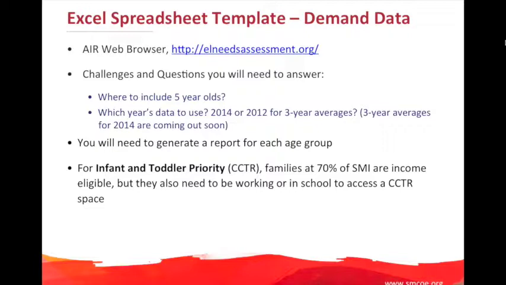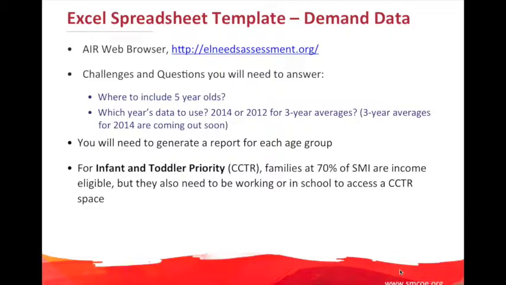And now you have some examples or a question about which data in the data browser you want to use. 2014 right now is a single year of 2014 data from the American Community Survey of children eligible at 70% of state median income.